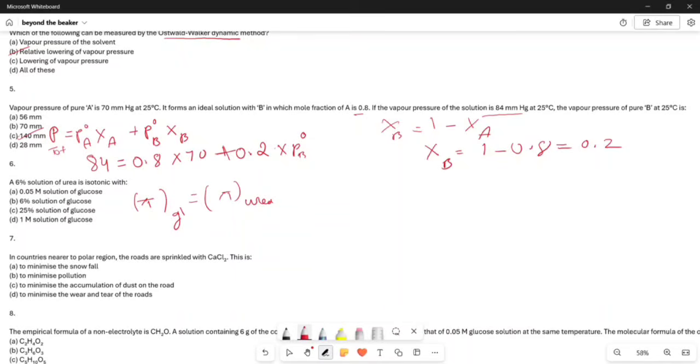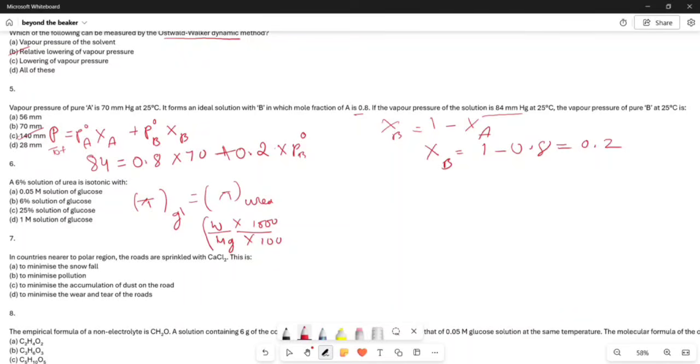So what is the expression for pi? We know that pi is equal to CRT. Removing RT, we write pi is equal to W divided by M into 1000 divided by V. Pi of glucose is equal to W of glucose divided by M of glucose multiplied by 1000, and since this is for percentage, we multiply by 100.